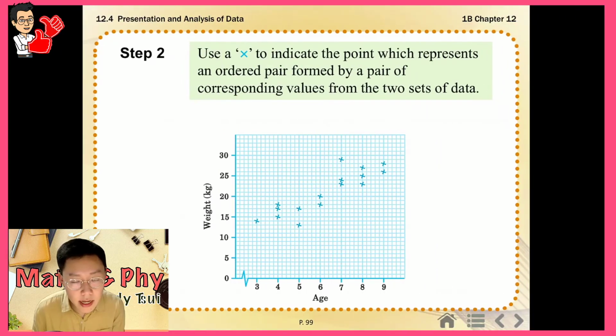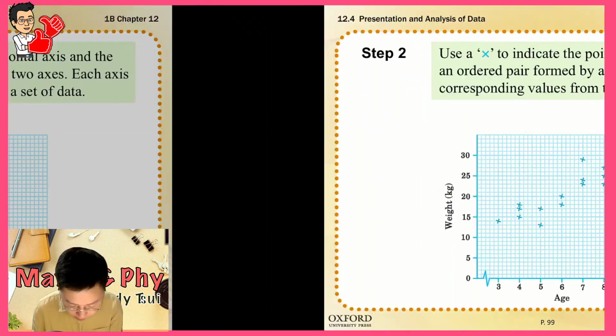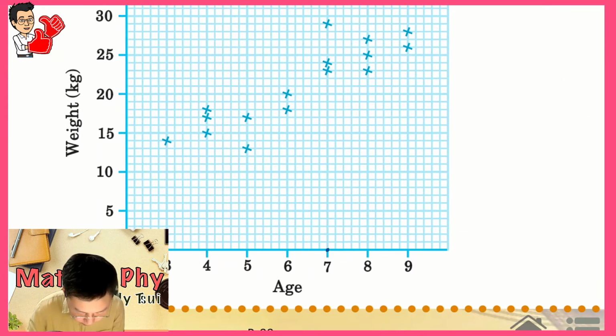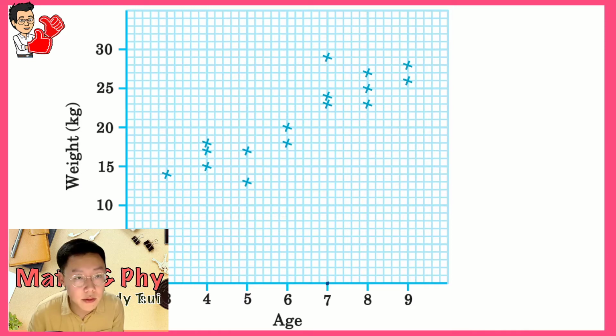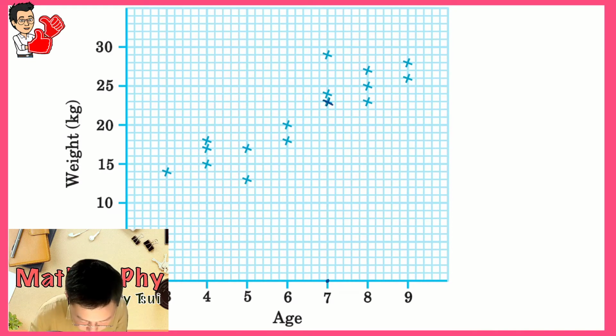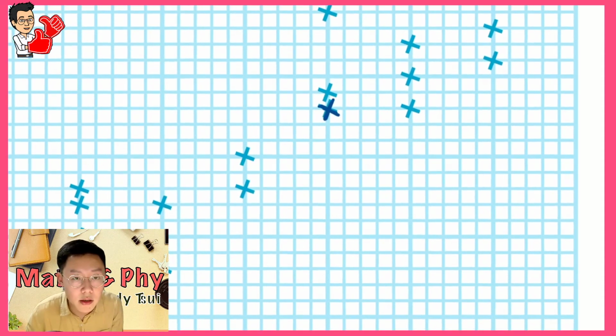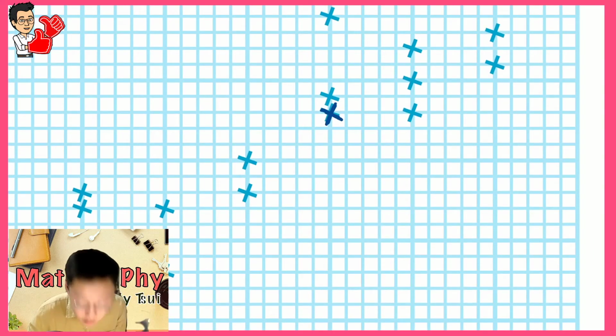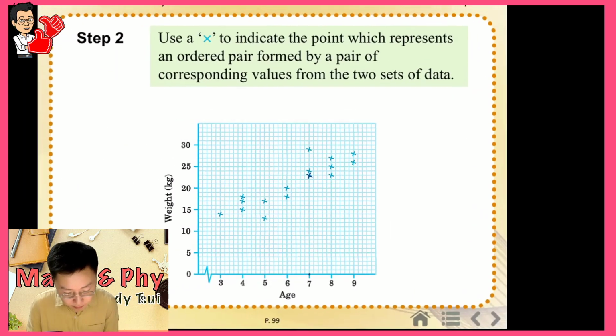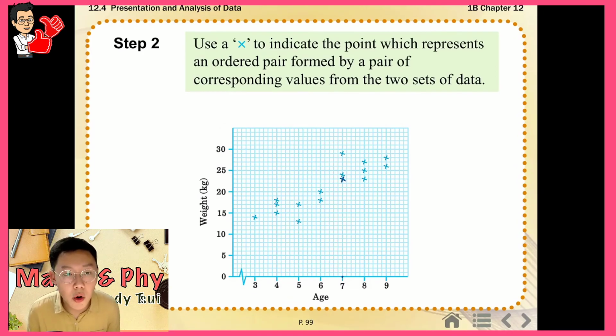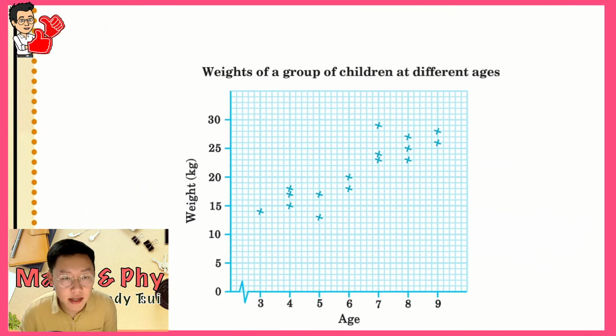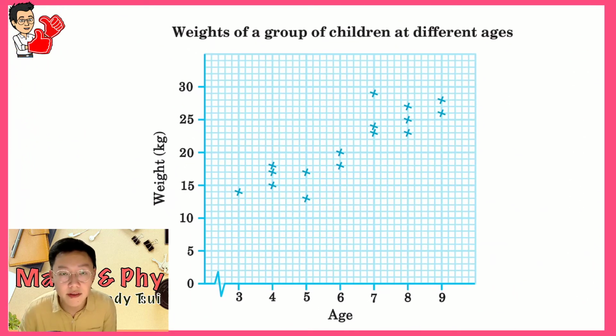So on the axes, we try to find 7 and 23. 7 is here, and 23 is here, and then we mark a cross on the graph paper. After we draw a cross for each set of data, we need to give a title to this scatter diagram.